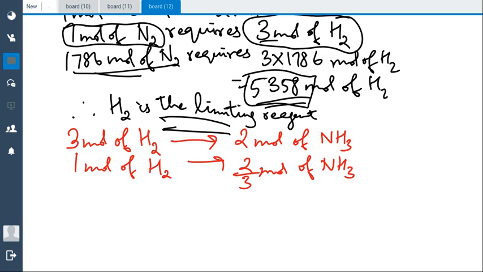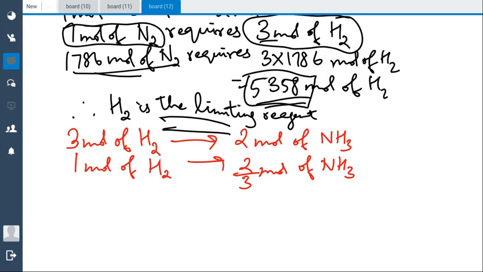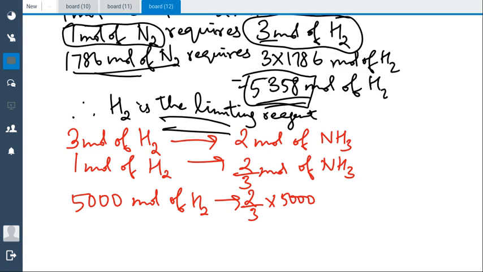Now, what is the number of moles of hydrogen we have? Sorry, not 500, 5,000. 5,000 moles of hydrogen will produce what? 2 by 3 into 5,000, right?